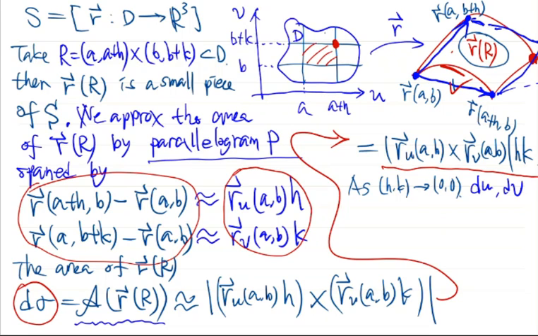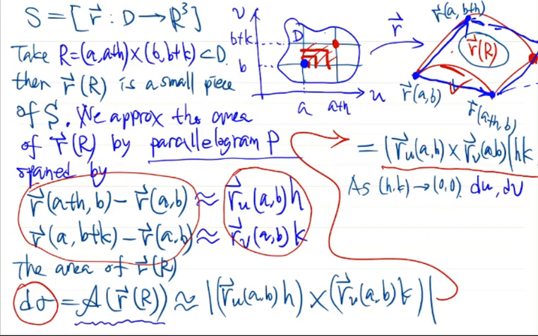We can expect that when this rectangle R shrinks and becomes very tiny, eventually going to the point (a, b), the approximation becomes much more accurate.